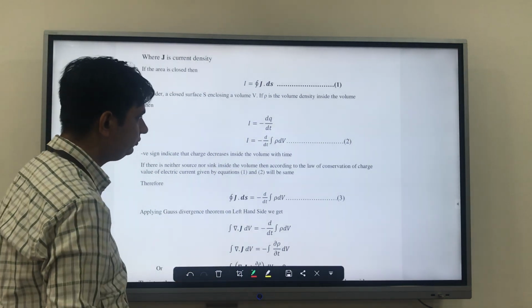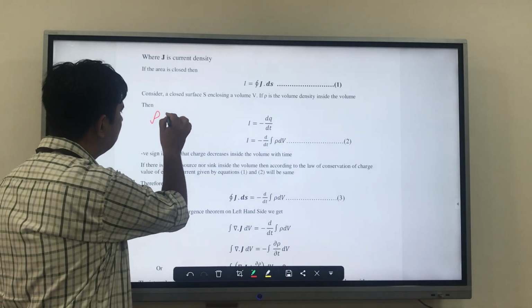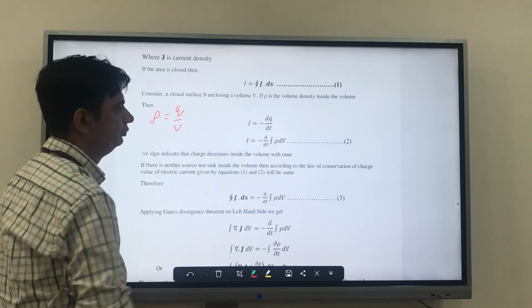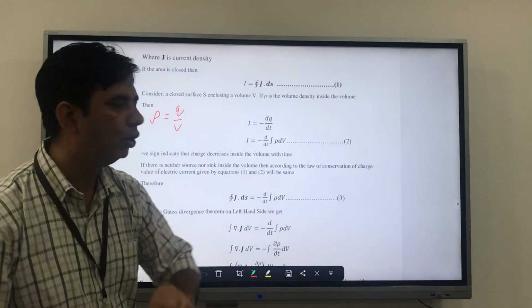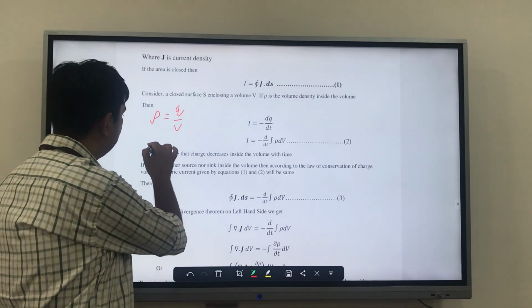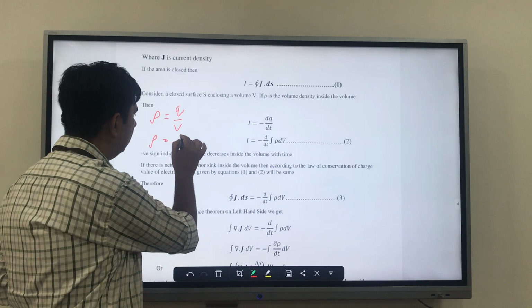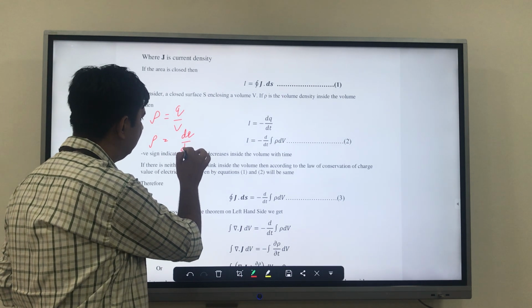From our previous knowledge, we know rho is nothing but charge by volume. But if we talk about a small volume, we can write rho is equal to dq by dv.